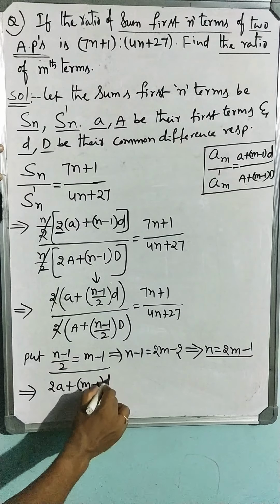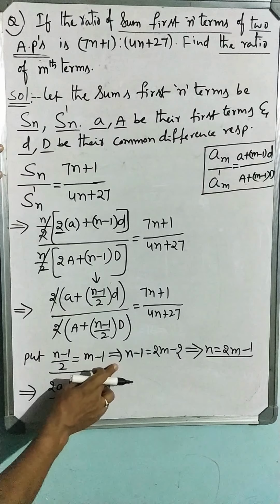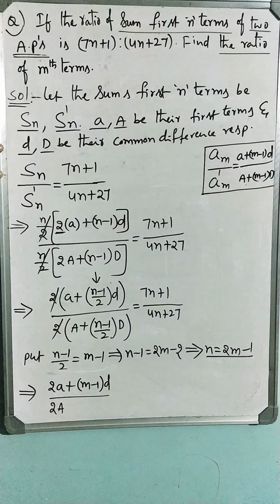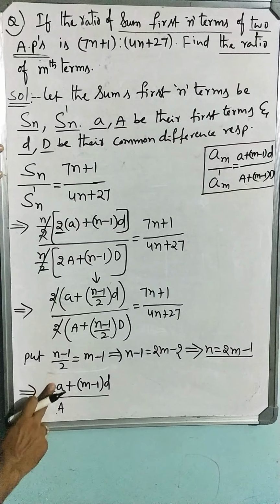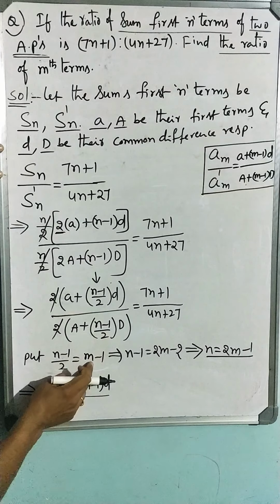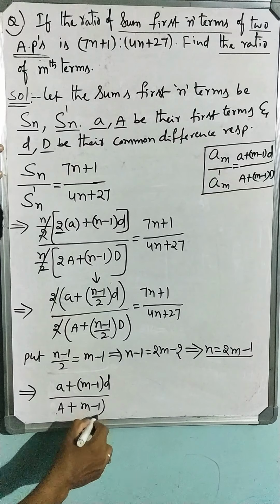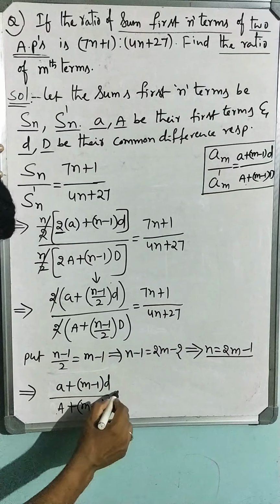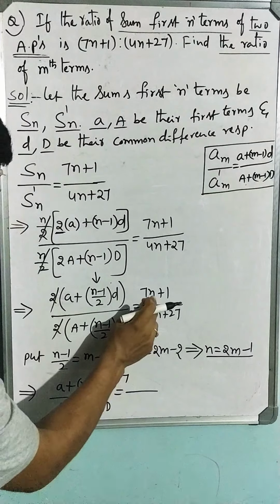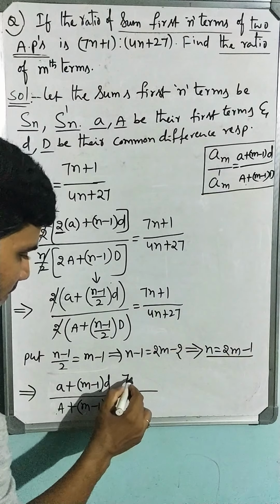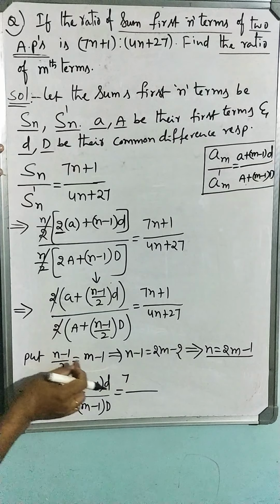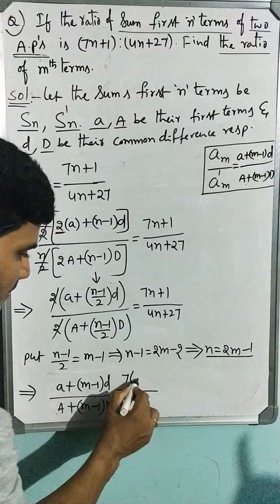So a plus m minus 1 times d by capital A plus m minus 1 into capital D is equal to, carefully observe here, 7n plus 1 by 4n plus 27. n should be 2m minus 1, because as we have taken n minus 1 by 2 as m minus 1, the corresponding n value becomes 2m minus 1.